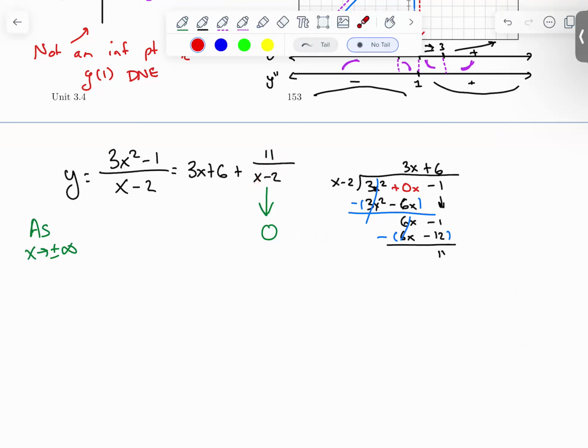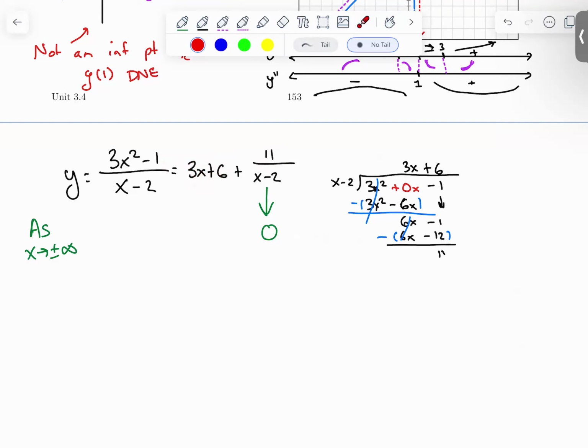So what that's saying is that as x goes to positive or negative infinity, your curve is looking like 3x plus 6. So this piece just doesn't matter anymore when you get to very, very large numbers. As your x values get very large, your function is virtually indistinguishable from this because this will just give you like 0.00000000 something. So your main y values are coming from 3x plus 6.